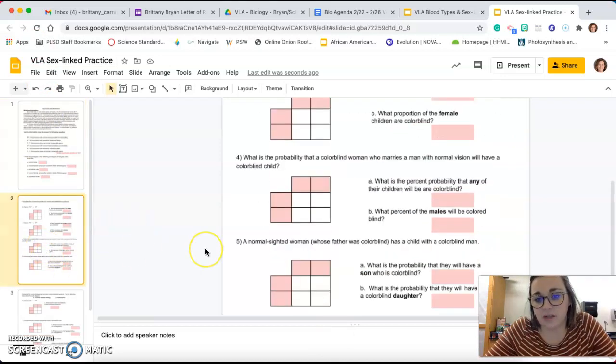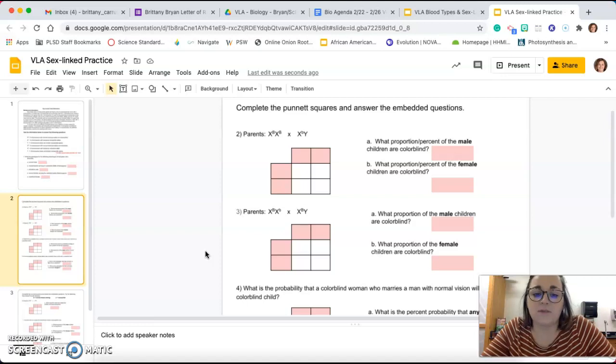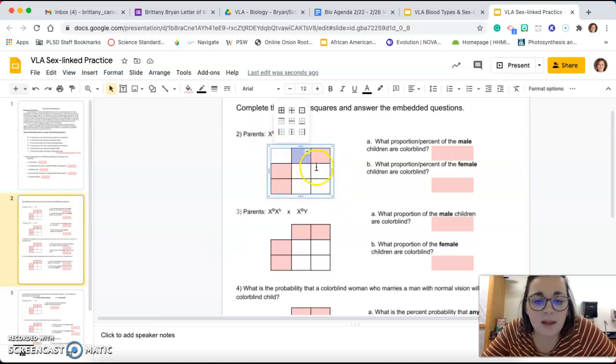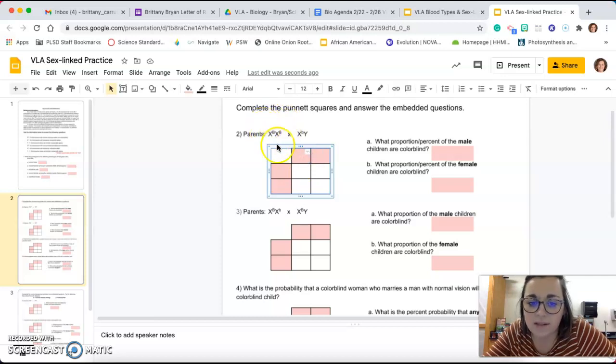And then let's go to the Punnett squares. For the Punnett squares, we are going to cross one female with one male always. If we click on the box, we are going to put parent 1, so the X's at the top. So X, capital B, and I'm just going to copy and paste this.